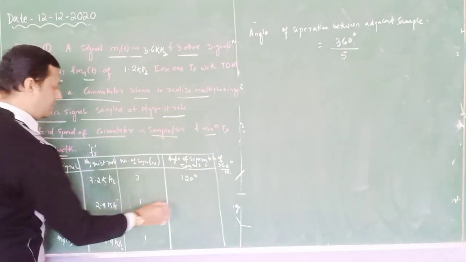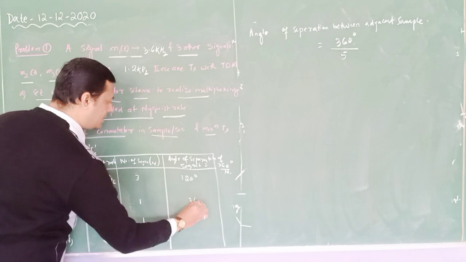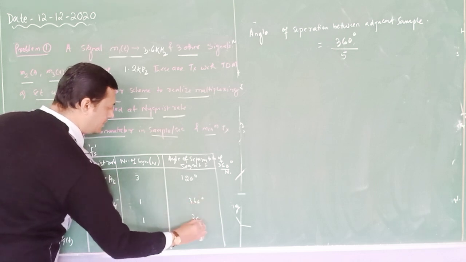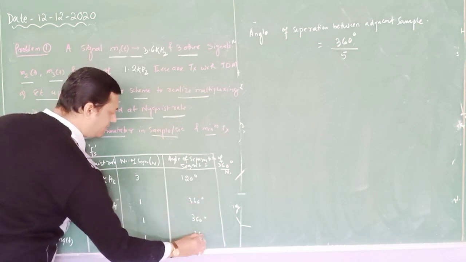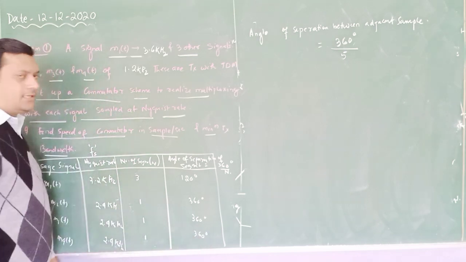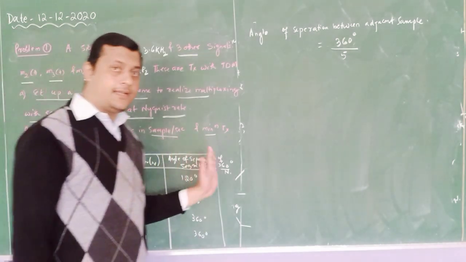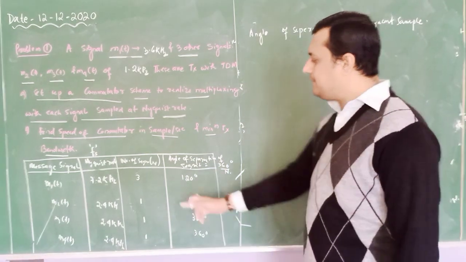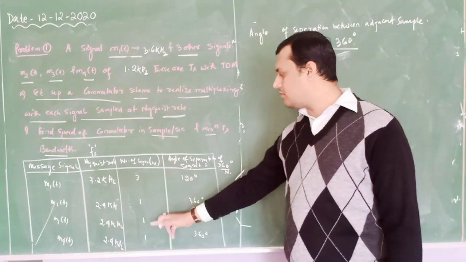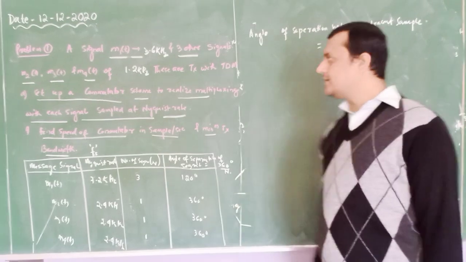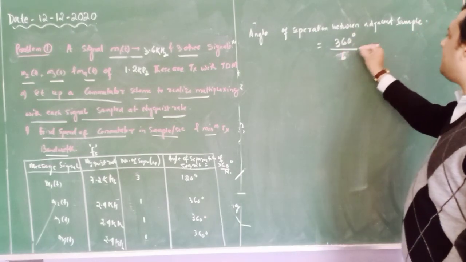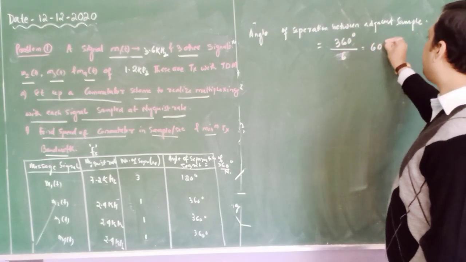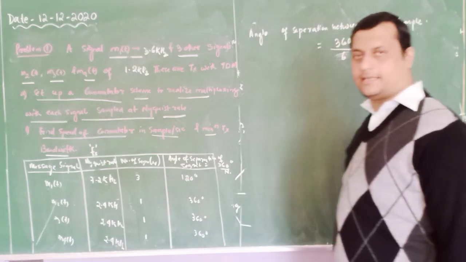Next, if it is 1, it will become 360 degrees. Now what is the adjacent angle separation? 360 degrees divided by 3 plus 1 is 4, 4 plus 1 is 5, 5 plus 1 is 6. So here I will put 6. So the angle separation will be 60 degrees.